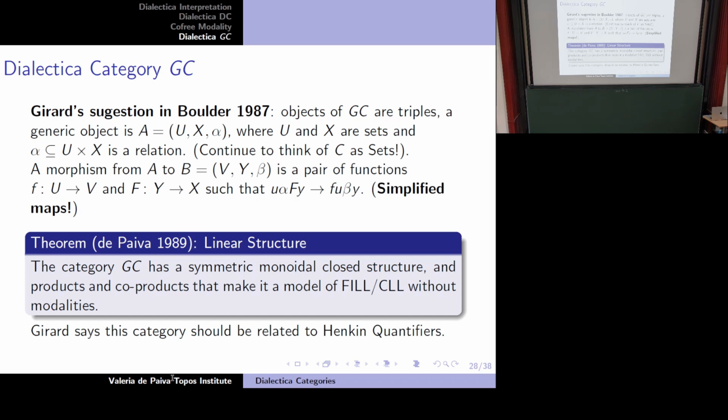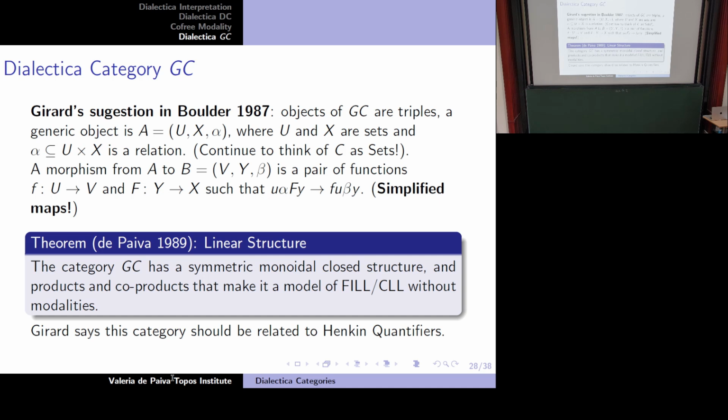So simplify the stuff. Instead of having that map that I said was so exciting because people keep rediscovering it in computer science, he said, well, just forget about the U here, just take maps that are more traditional in category theory. So U goes to V and Y goes to X, but keep the version of the condition simplified.